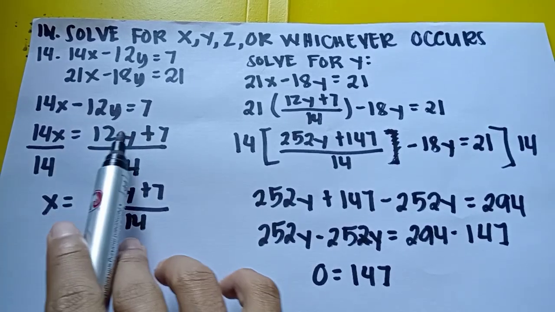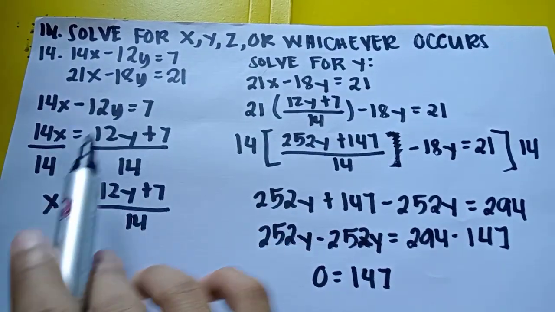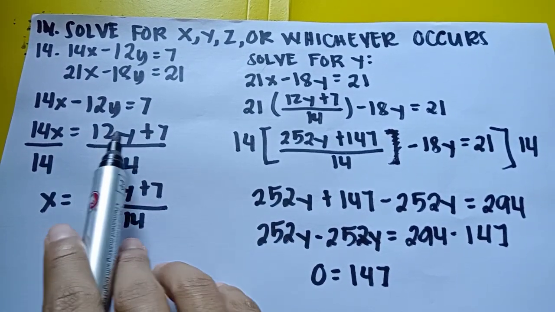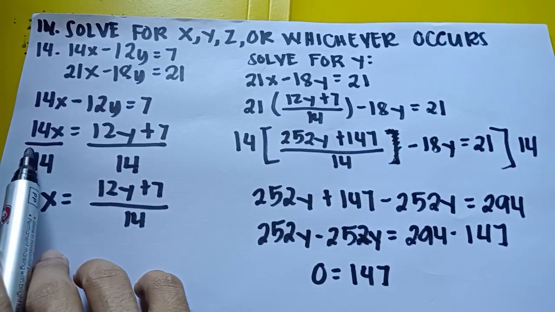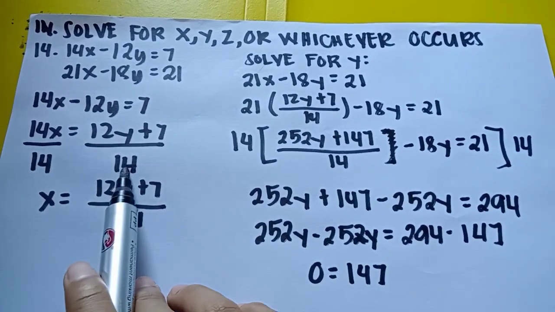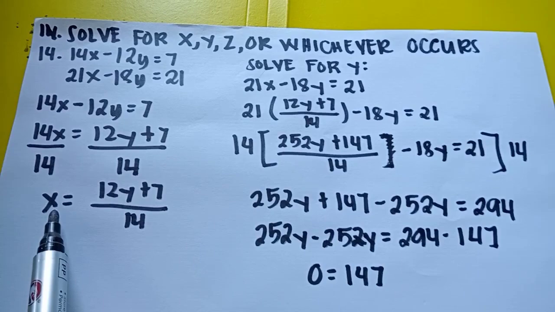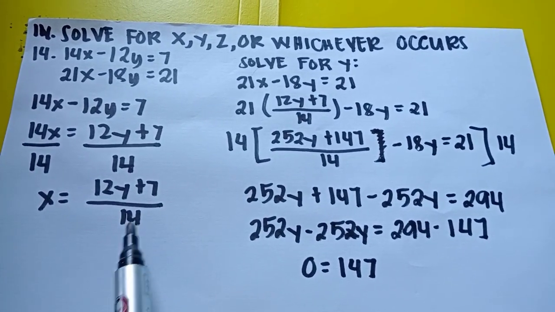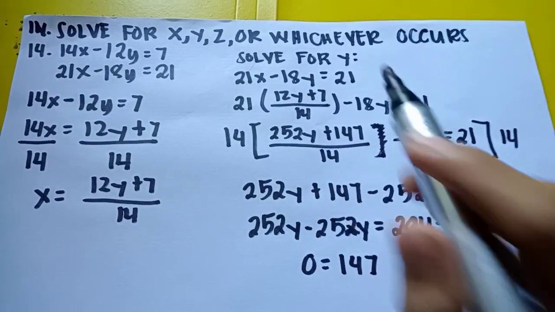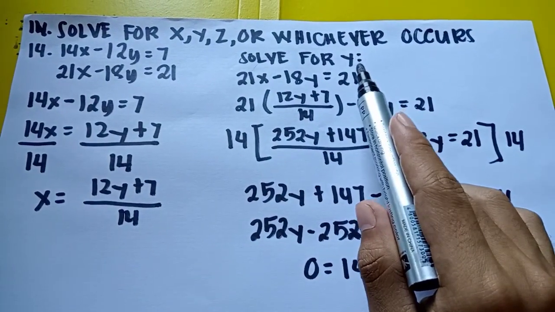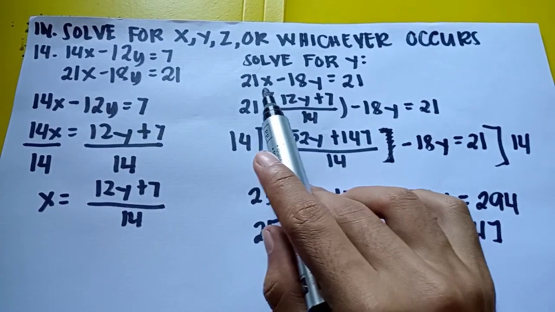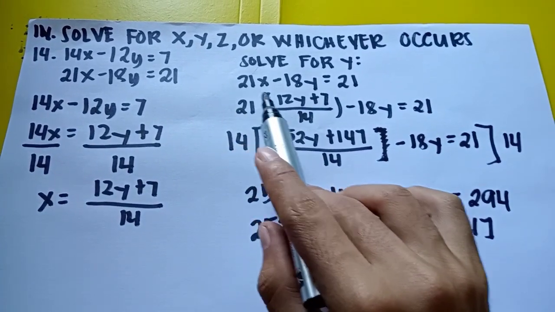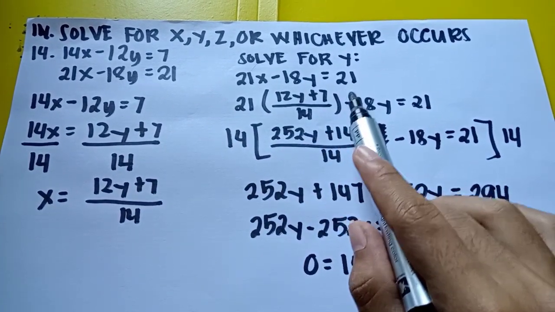Then we will transpose negative 12y to the other side, so it will be positive 12y plus 7. Then we will divide both sides by 14, so our initial value of x is equal to 12y plus 7 over 14. Then now we will solve for y, and we will use equation number 2, 21x minus 18y equals 21.